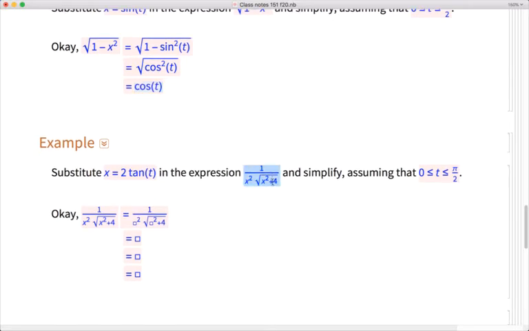So this awful expression that's got a square root in it, we're told to make this substitution and try to simplify. Okay, so when we make this substitution, we replace the x with 2 tan t, replace this x with 2 tan t.